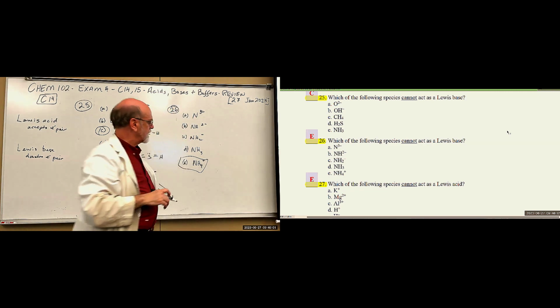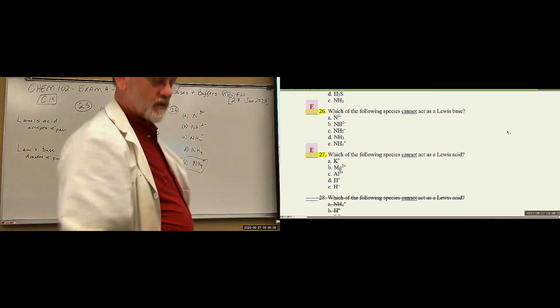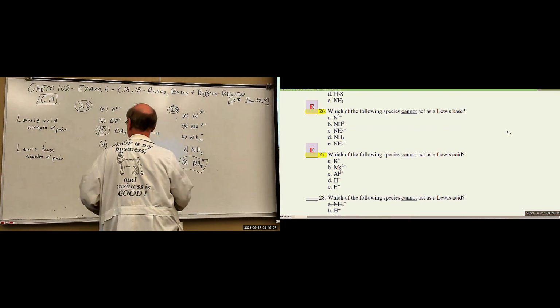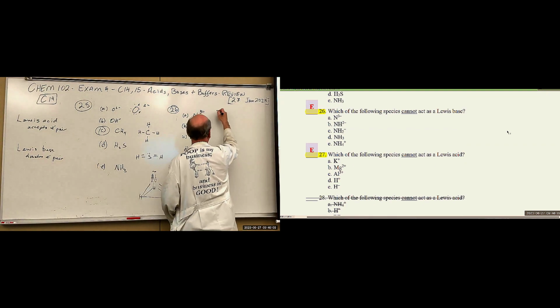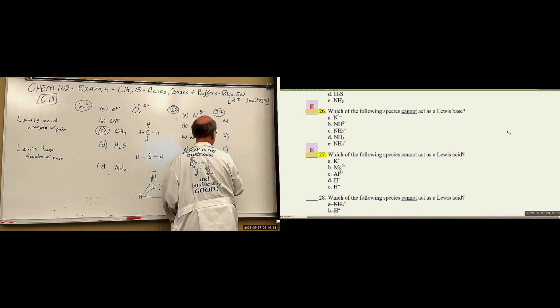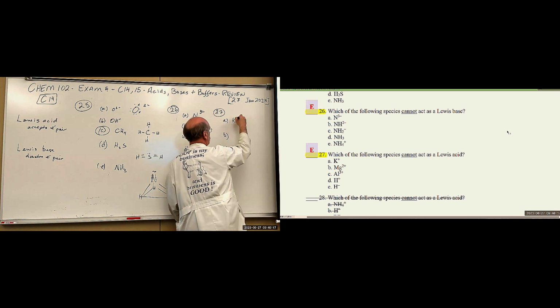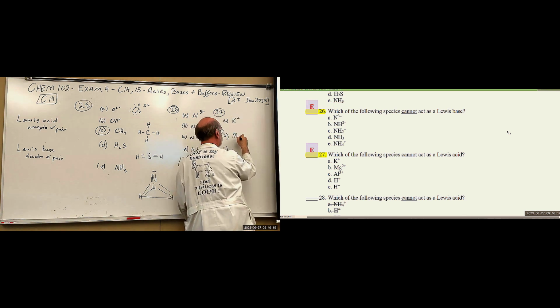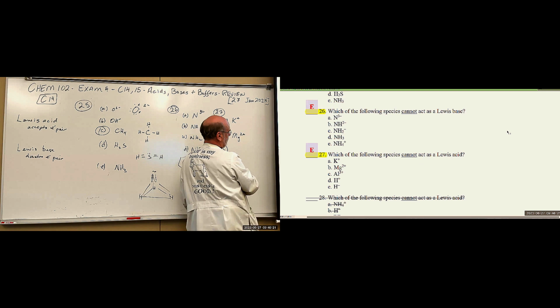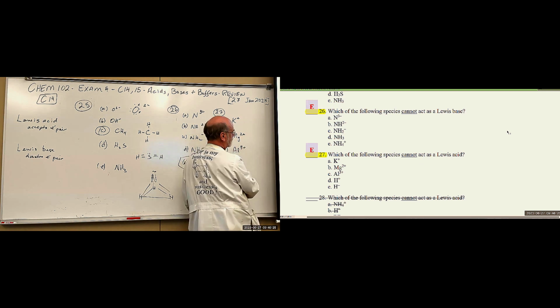Okay, which of the following cannot act as a Lewis acid? So we want something that will not accept electrons. Potassium, oh yeah, it'll pick up electrons. Magnesium, no problem. Aluminum, oh yeah, loves electrons.